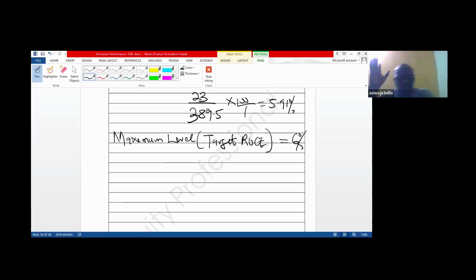The company will not incur a fine. The company is still within the maximum level established. If you go beyond 6%, that means IPM could be fined, a penalty.